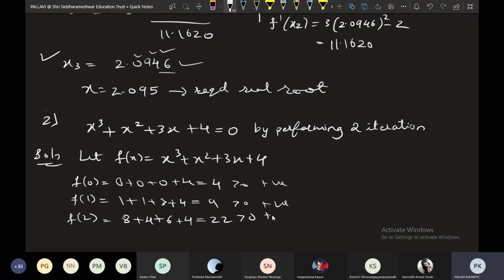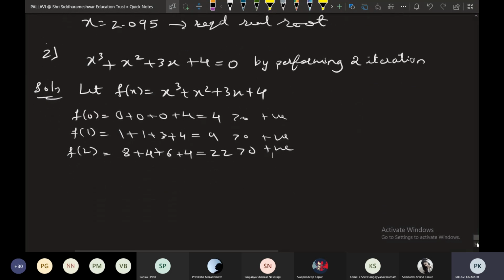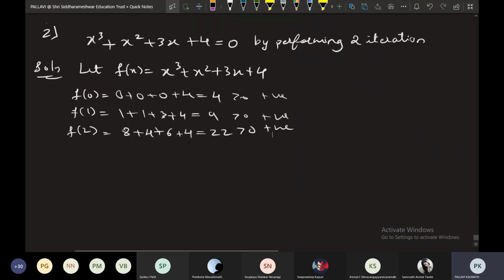All are positive. Then how do you locate the root if you get all positive values only? You should get one positive value and one negative value, no? Do you have any idea for an equation like this? Ma'am, f of -1, if we take negative numbers. Exactly.